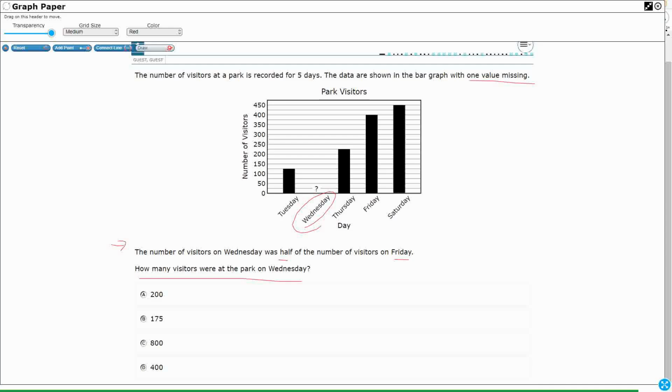So let's take a look at what we've got here. We've got Tuesday, Wednesday, Thursday, Friday. Let's see if we can put some numbers on this. We've got our scale, and it looks like we're counting by 50s.